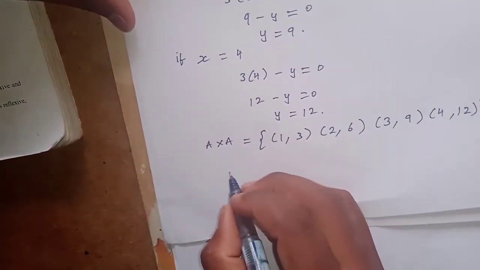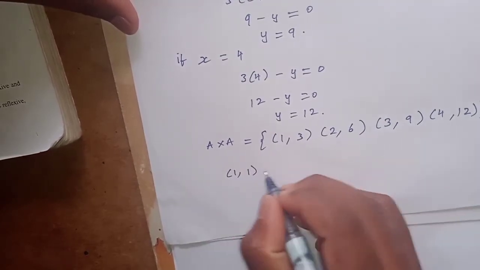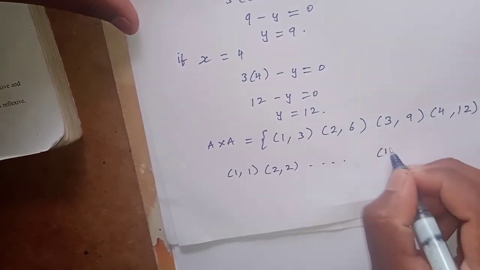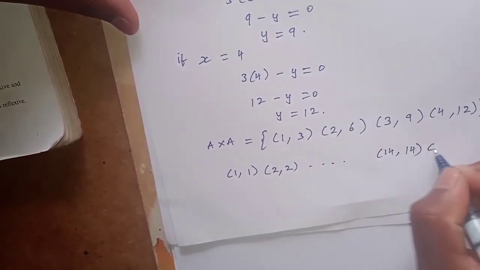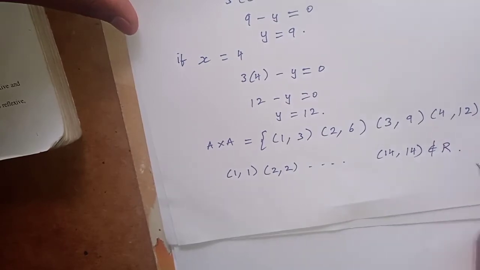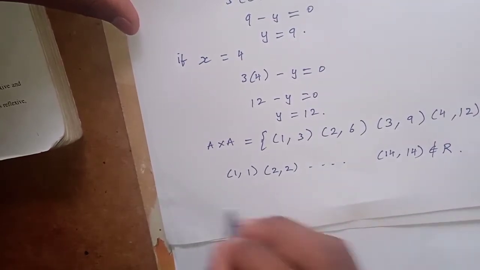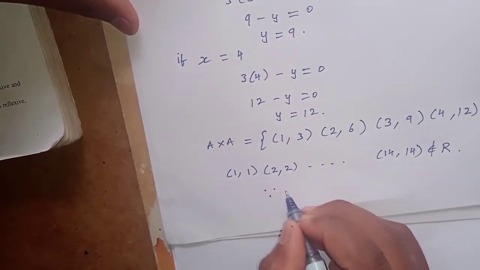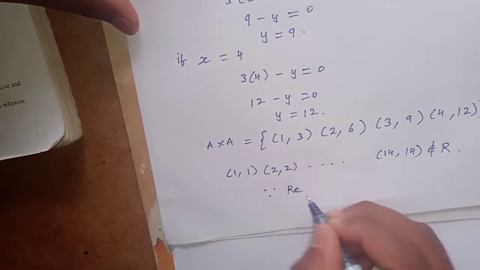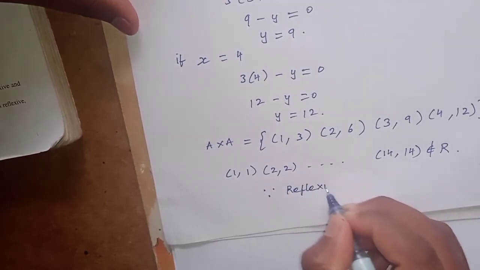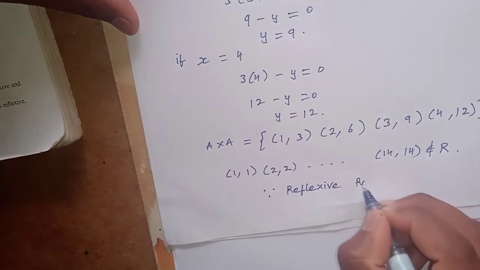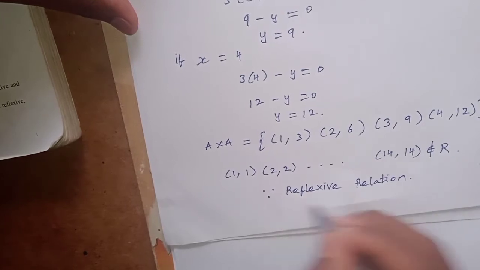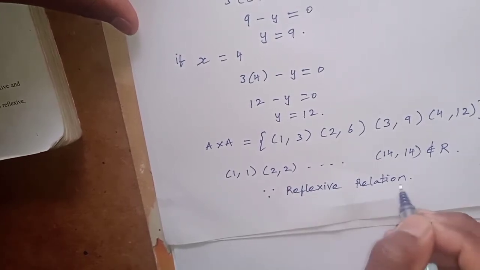But here (1, 1), (2, 2) up to (14, 14) do not belong to R. So the reflexive relation is not satisfied. Therefore it is not a reflexive relation.